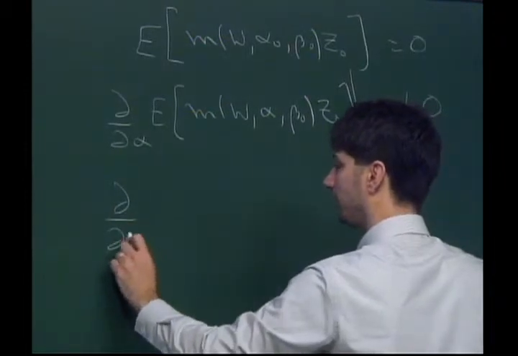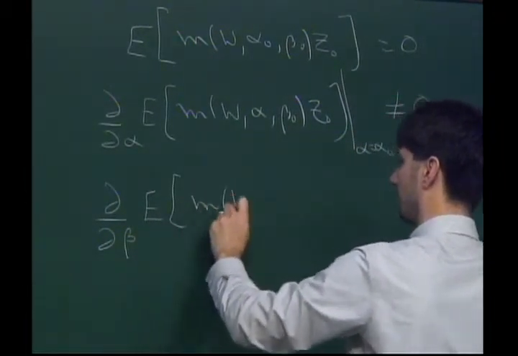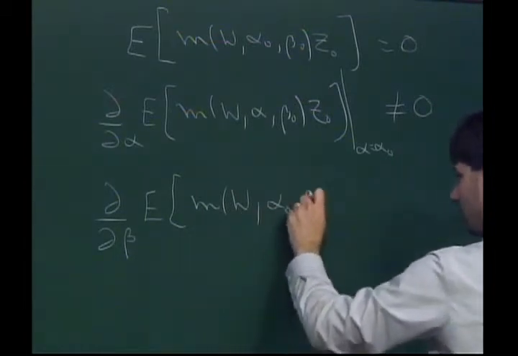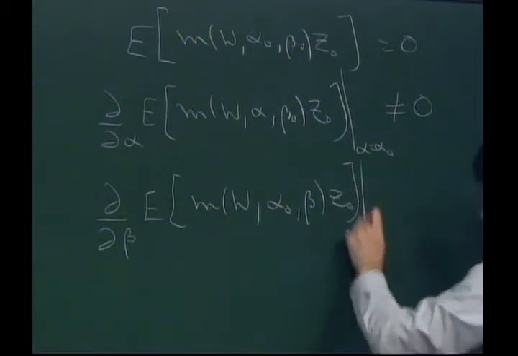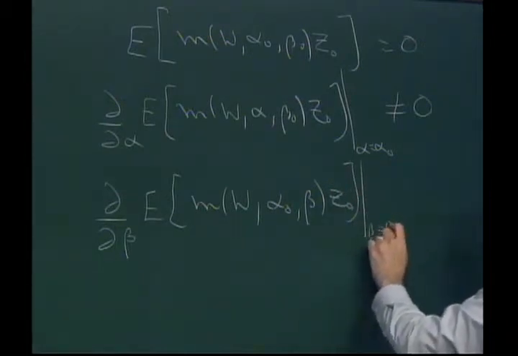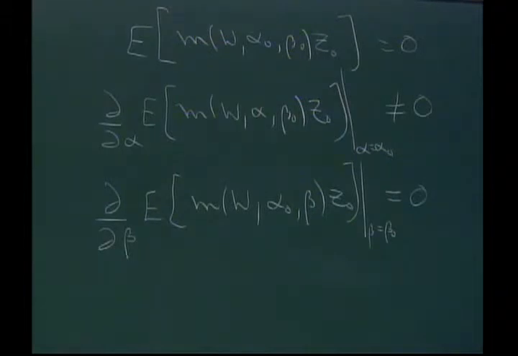But when I take the derivative with respect to beta, now it's a function only of beta, and I evaluate at the true value, that derivative is 0. So this is this magical random variable.